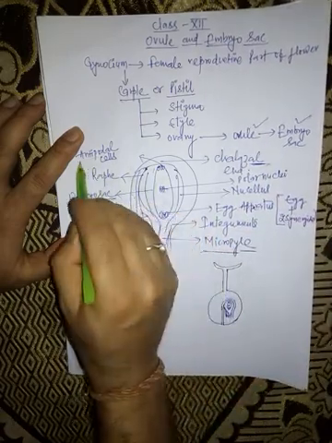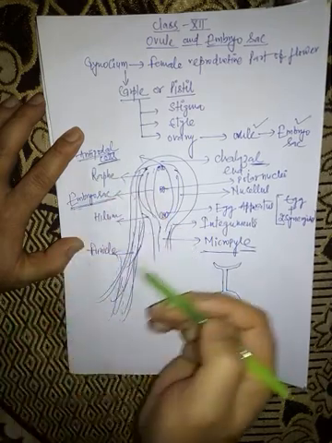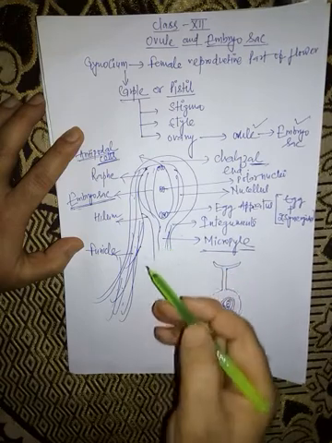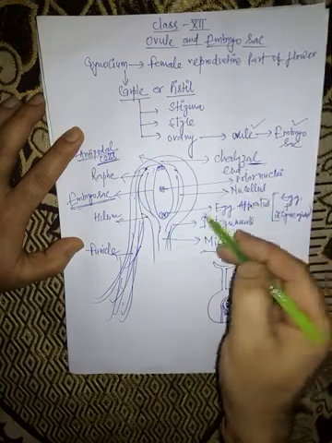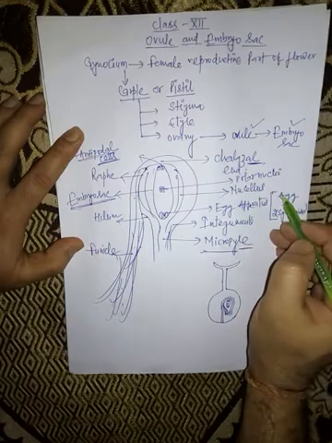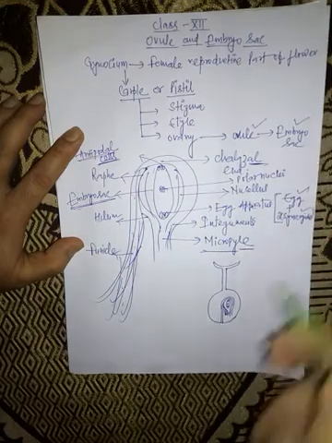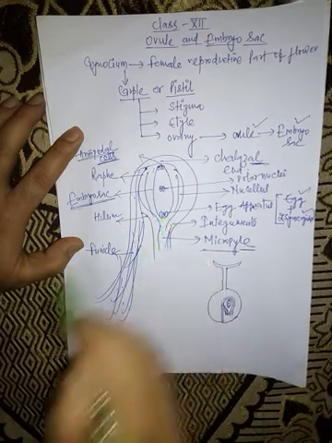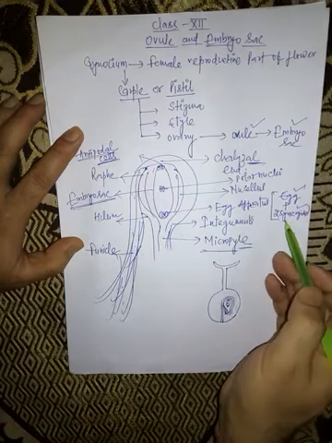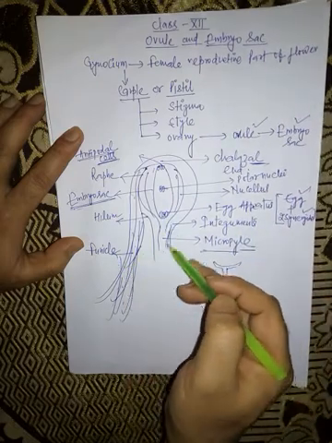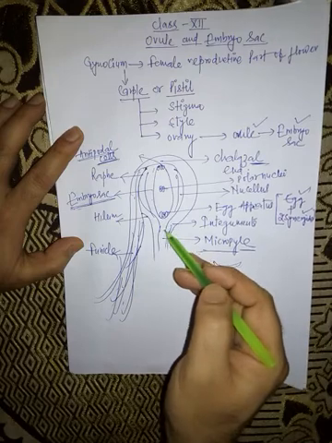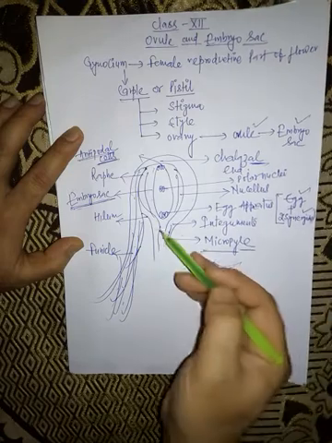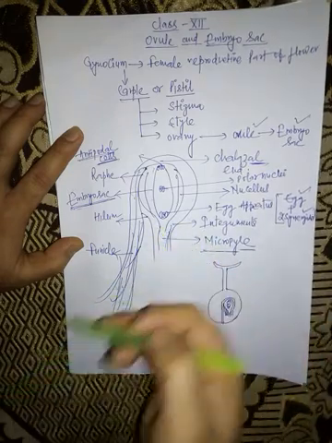These cells are called antipodal cells, and 3 nuclei, means 3 cells, are present at the micropyle end. These 3 cells are called egg apparatus. This egg apparatus is formed by the egg and 2 synergid cells. The egg is present in the center and 2 synergid cells are present on both sides of this egg. These synergid cells provide protection to the egg. When the pollen tube enters inside of the embryo sac, it is ruptured by the entry of the pollen tube. So these 2 synergid cells provide protection to the egg.